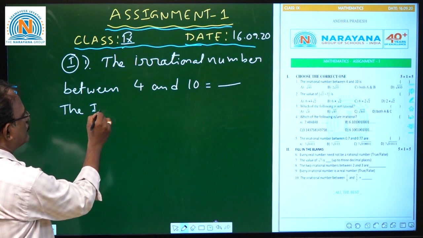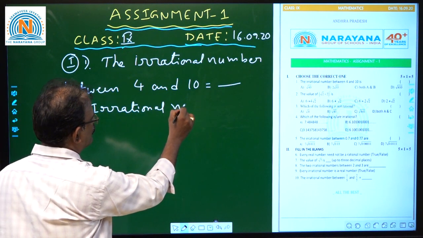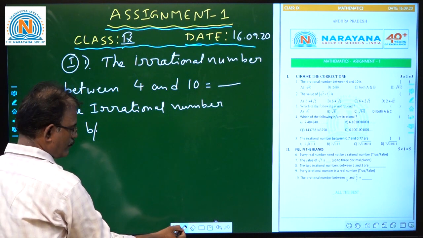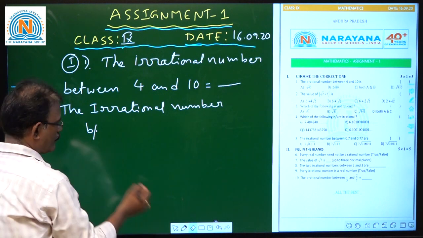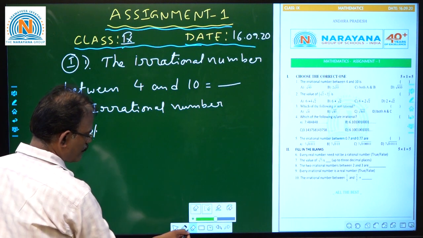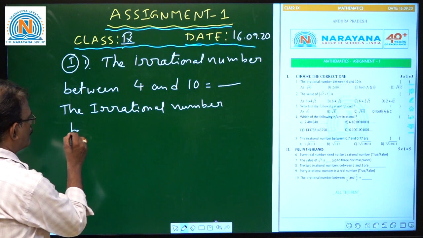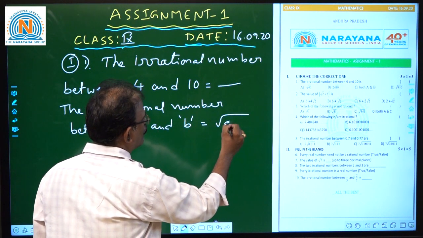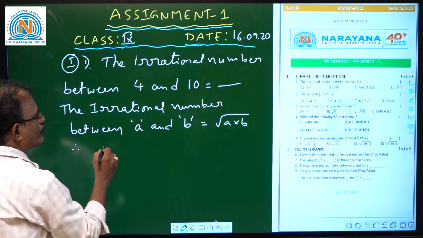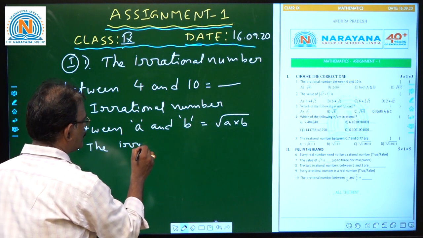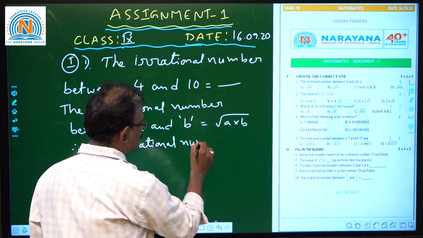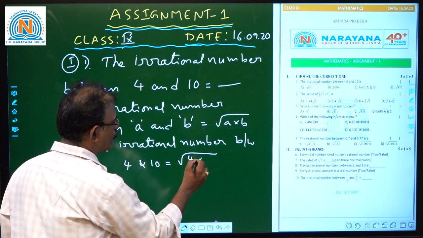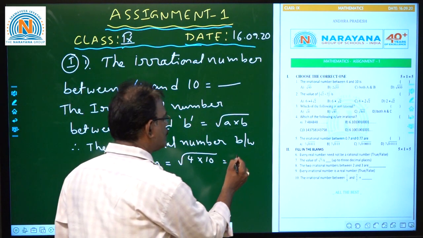The irrational number between A and B is root of A into B. Therefore, the irrational number between 4 and 10 is root of 4 into 10. So root of 4 into 10 means root 40.